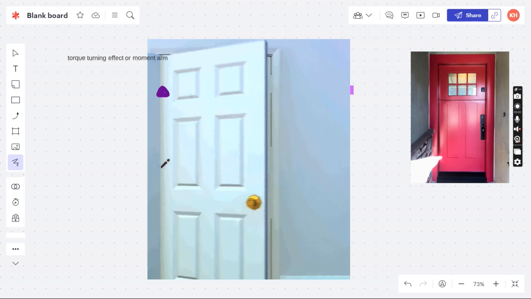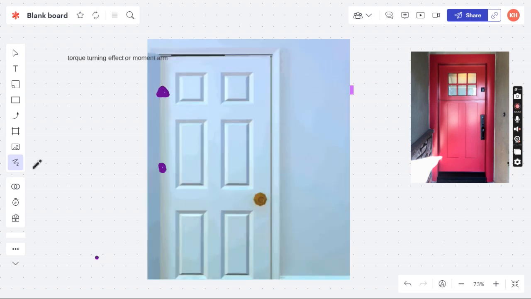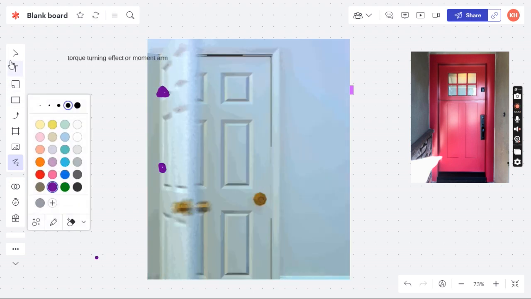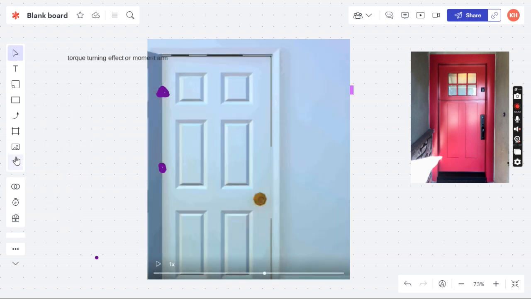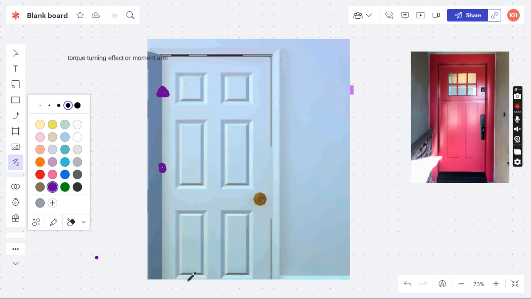Let's stop the video so that you can understand. This is basically a pivot point to which the door is attached, or we could say it is a point through which the door rotates. Now, consider if you try to open the door with the help of this handle, it is easy for you to apply a force and open it easily.